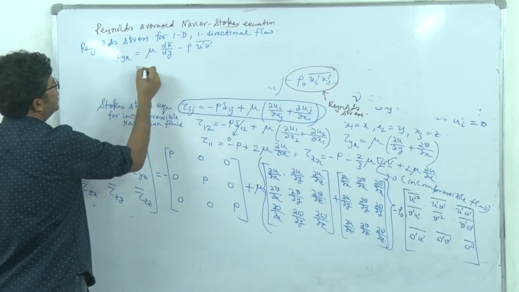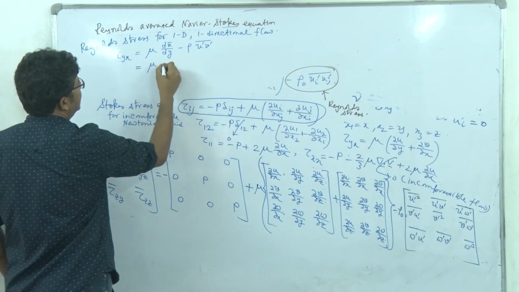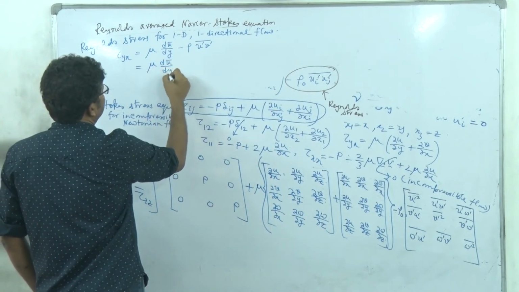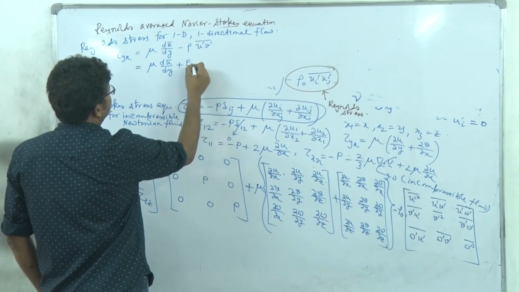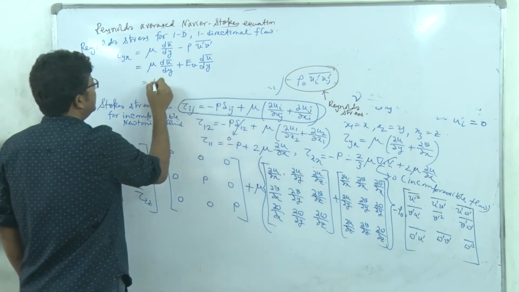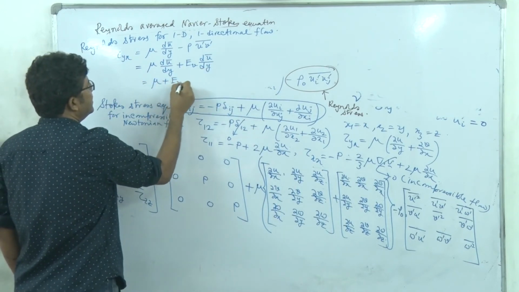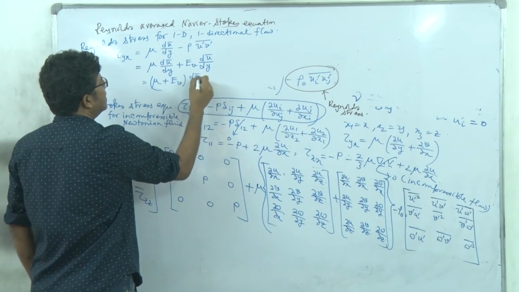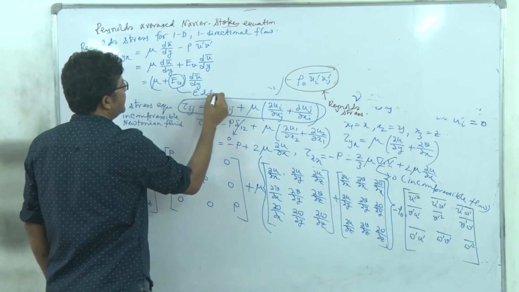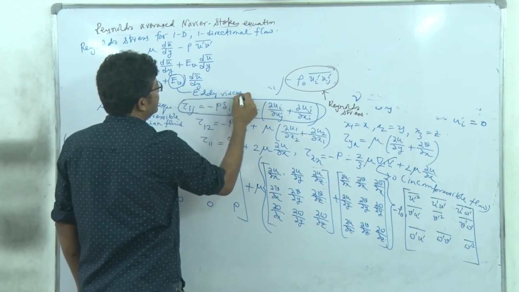Now alternatively, we can write this du dy as eddy viscosity times d u bar dy. So there is a new quantity called eddy viscosity, right?